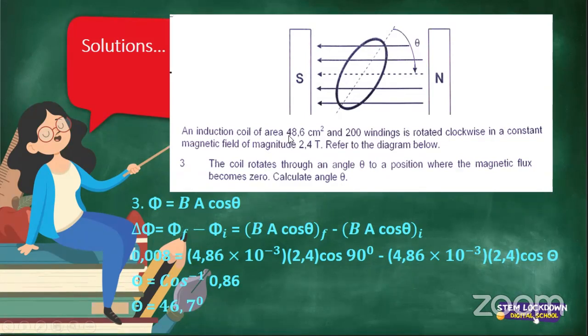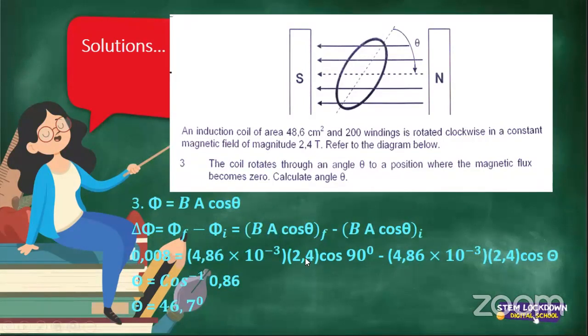So 48,6 divided by 10,000 will be 4,86 times 10 to the power minus 3. That is the initial area there. And then the magnetic field is still 2,4. I'm sorry for substituting this interchangeably, but it is BA, the product, so it will give you the same answer.